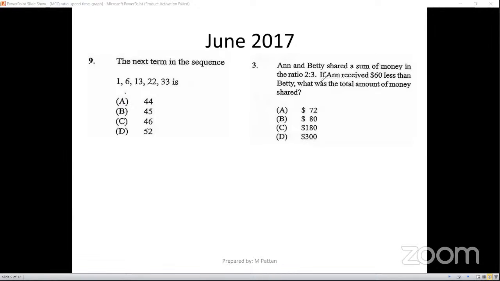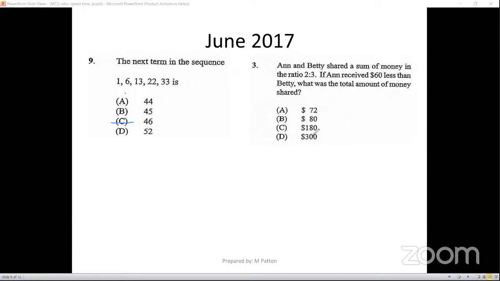Let me check the chat. Answer for number 9: must make the quiz 100% and receive 60 less than Betty. What was the total amount of money shared?